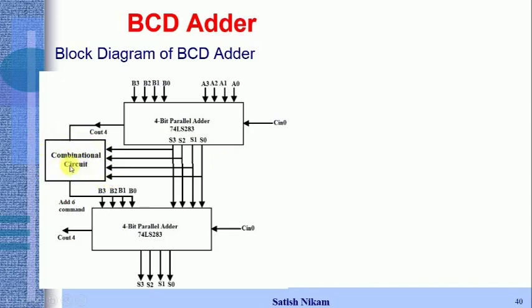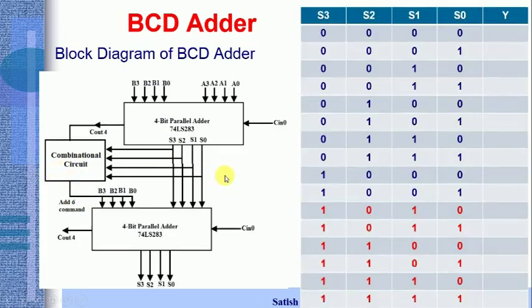Now how will we design this block? It has a 4-bit input S0, S1, S2, S3, and a single bit output. So we have to prepare the truth table, and as there are 4-bit inputs, there will be 16 combinations, which we have written here.